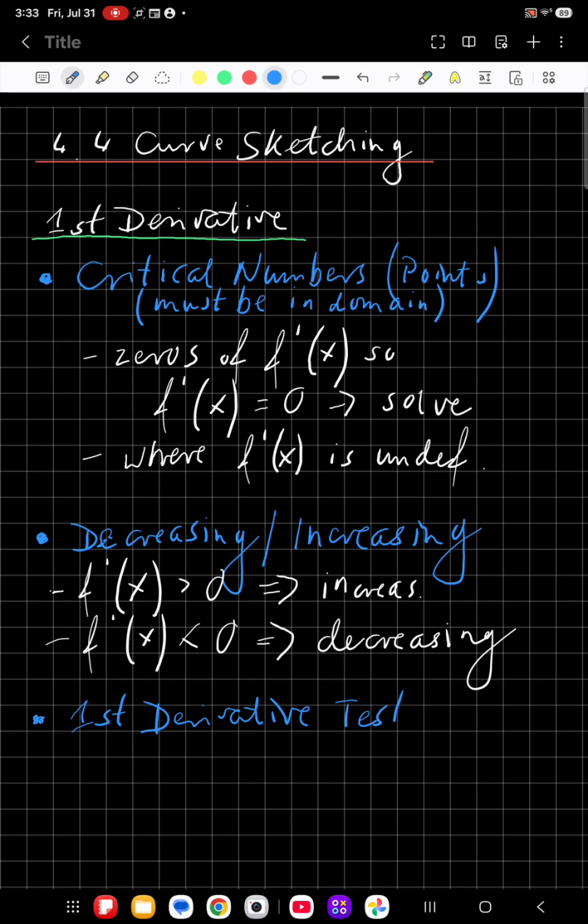When we find those critical numbers, we put them on the number line and decide whether the derivative is positive or negative. Then we conclude: if the function changes from decreasing to increasing, we have a minimum, and if it goes the other way, we have a maximum.